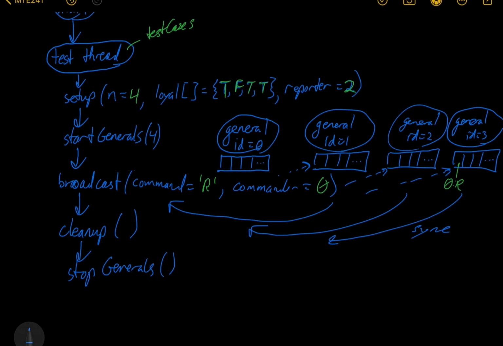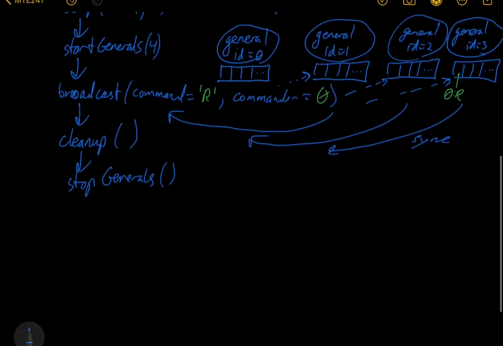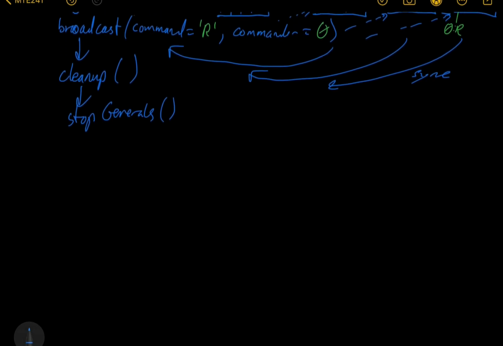So let's look at what should be in the pseudocode for each of those. Let's look at the setup function first. It needs to record some information. So it needs to record n, the number of generals. It needs to record that loyal array, who's loyal, who's not.